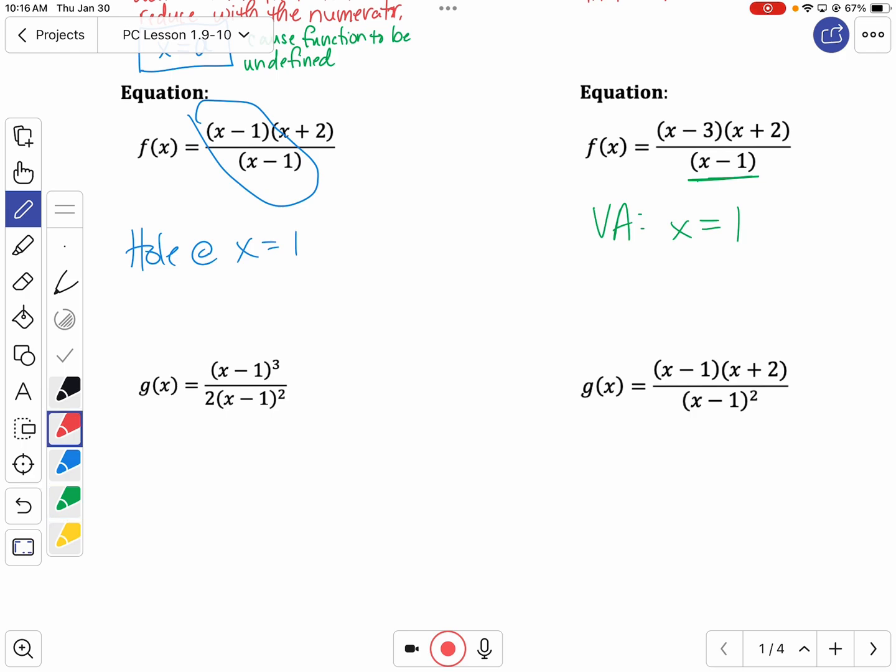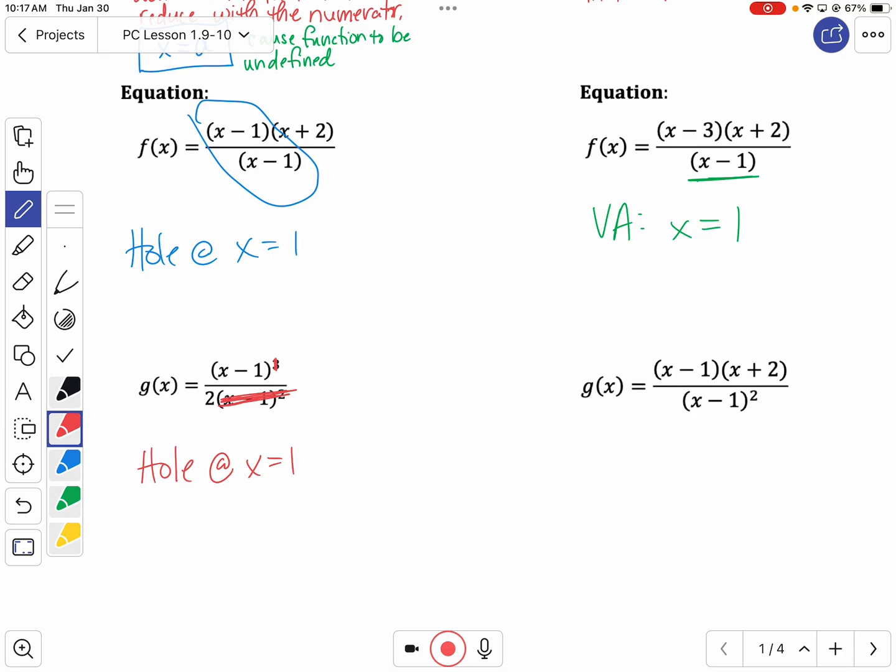These exponents would subtract, 3 minus 2, so I'm left with x minus 1 to the first. Because I'm left with it in the numerator, it's not in the denominator, we actually have the hole. We have the hole at x equals 1, because it repeated, but I was left with 1 in the numerator.